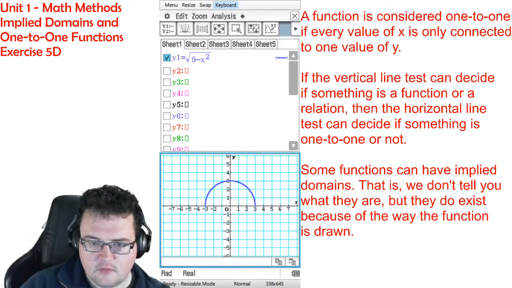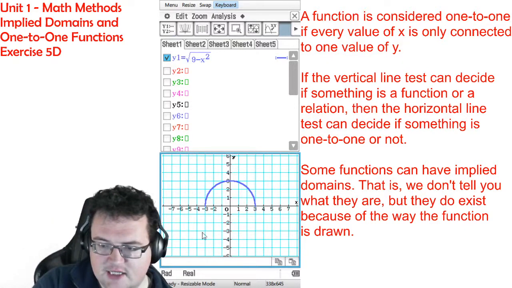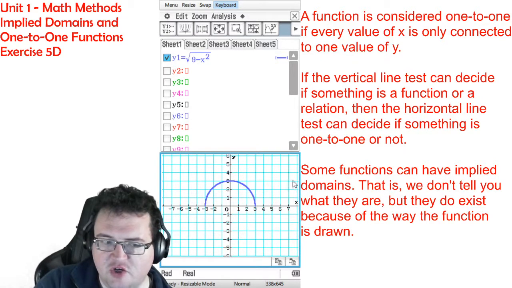What do you think that means? Down here it cuts never. Over here it cuts twice. But along the top there, at y equals 3, it only touches once. Is it a one-to-one function or not?